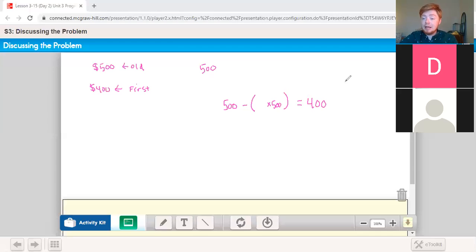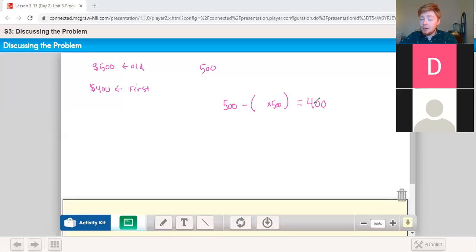So if you remember last time, it was like 400 plus whatever this was, equals, and then we didn't know what the answer was, all right? So this time we're doing it just a little backwards, right? Nothing crazy, okay?